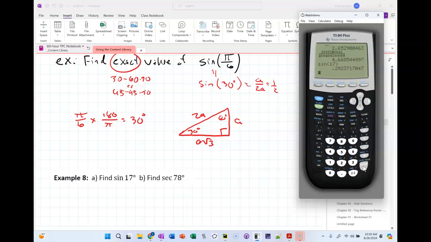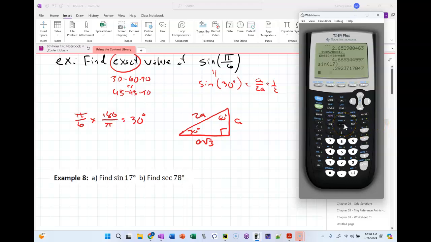Cosine, because they are not inverse, it's the R word. Reciprocals, right? Inverse means something different. I know what you mean, but we're going to work on vocab, making sure we say the right things, so that if you're communicating with someone other than your math teacher, they know what you're trying to say.